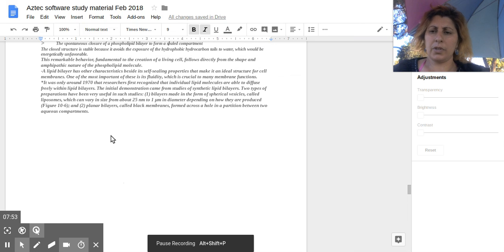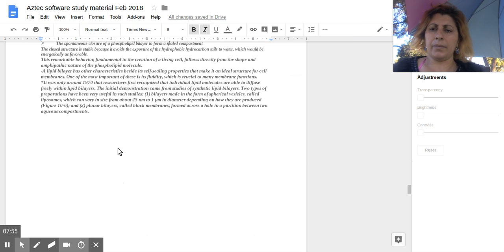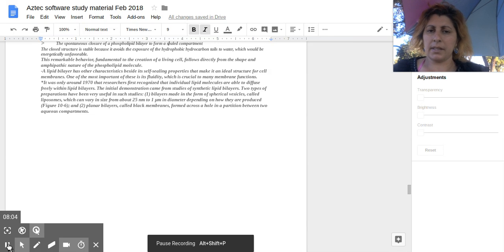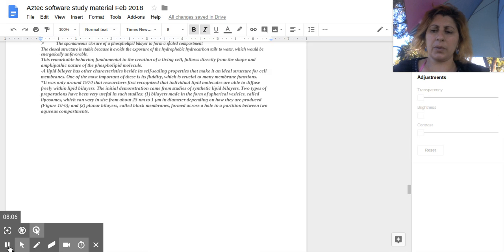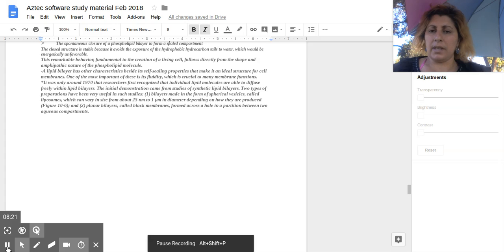So the closed structure of the bilayer is stable. It avoids water in some aspects and interacts with soluble molecules on the other aspect. So a living cell is created in this way, and the shape and the amphipathic nature of the phospholipid molecule in the cell are determined in this way.